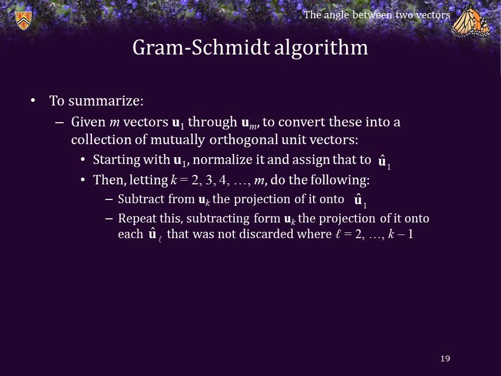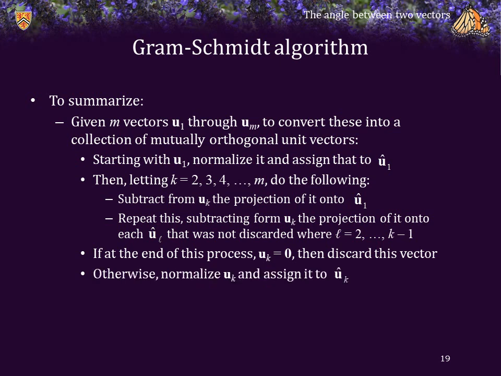Repeat this over and over again, each time subtracting from u_k the projection of u_k onto each u_l cap that was not discarded, where l goes from 2 to k minus 1. At the end of this process, if u_k is equal to the 0 vector, then discard this vector. Otherwise, normalize u_k and assign it to u_k cap.